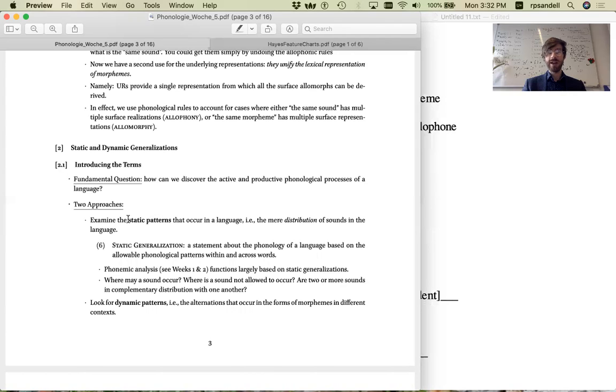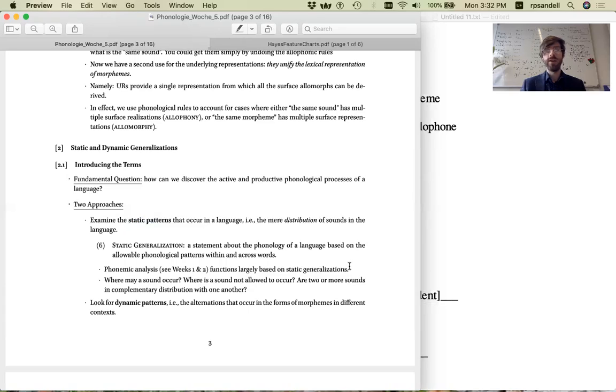And by static patterns in a language, we intend to simply try to observe how sounds are distributed in a language. And in part, phonemic analysis, which we have conducted in the first 2 weeks of this course, was essentially based on static generalizations. That is, does a sound only occur before high vowels?